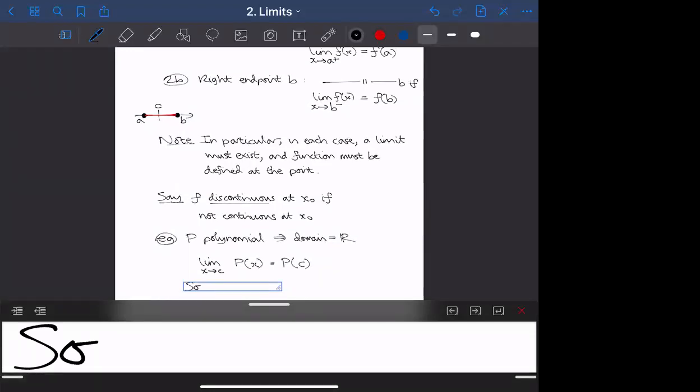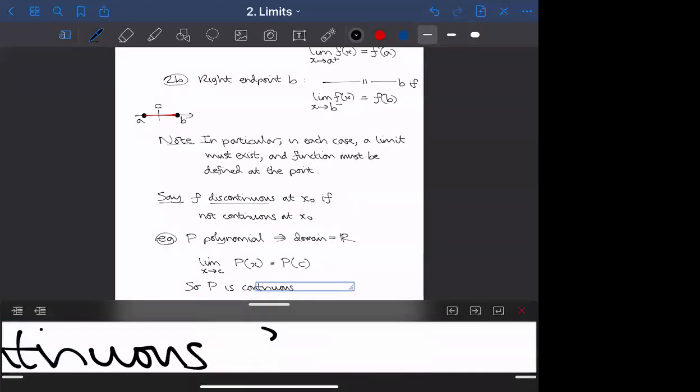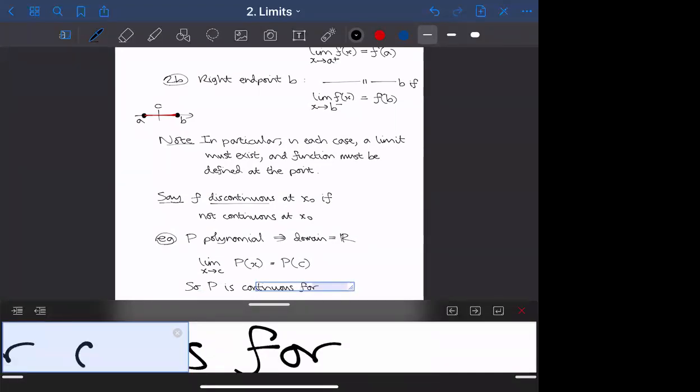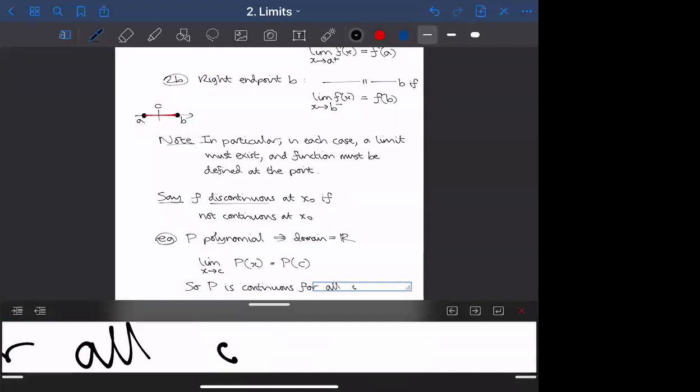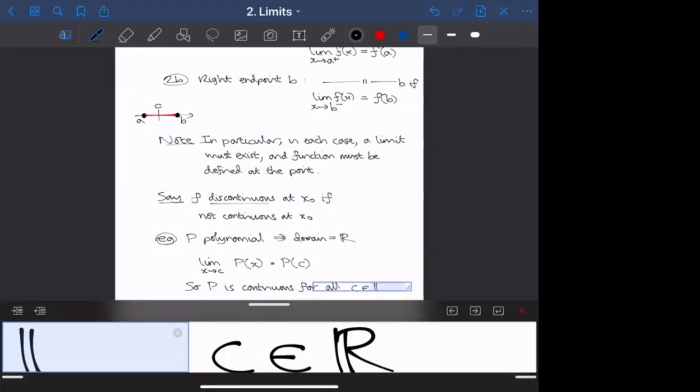So P is continuous for all c in R, so for all points in its domain.